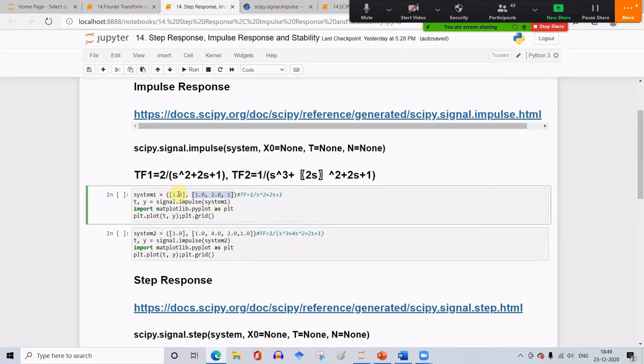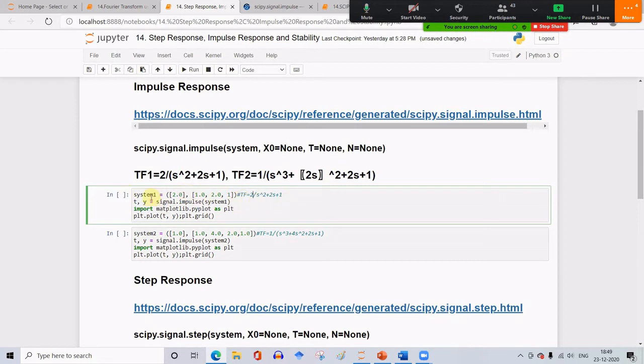I'll make the numerator 2, no problem. So the first one is 2 divided by s square plus 2s plus 1, a second order system. The numerator is 2 and the denominator, in order of decreasing powers of s, is 1 comma 2 comma 1.